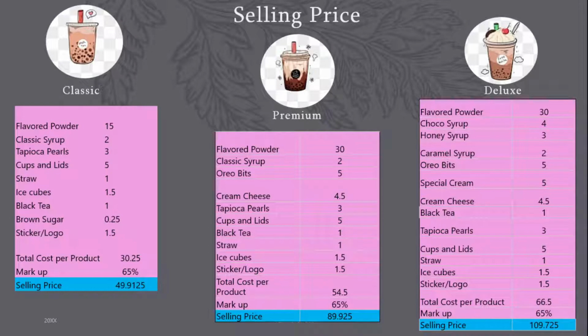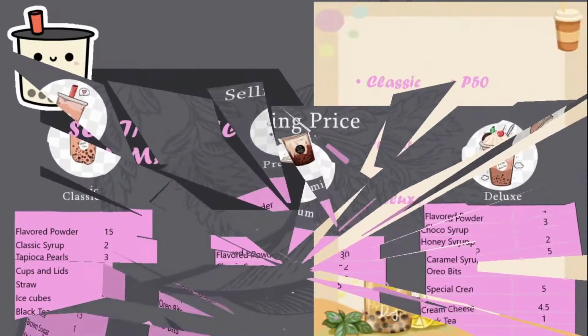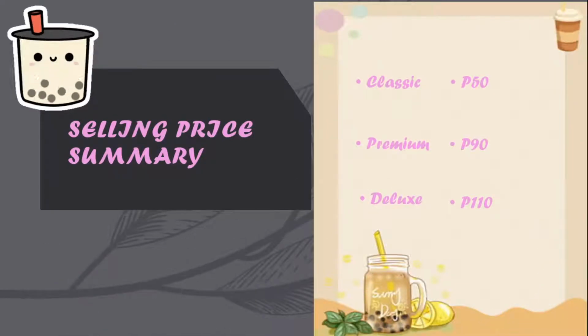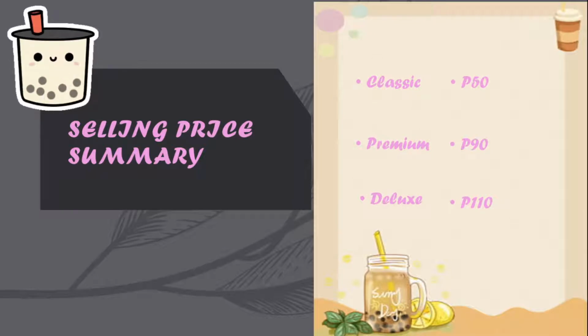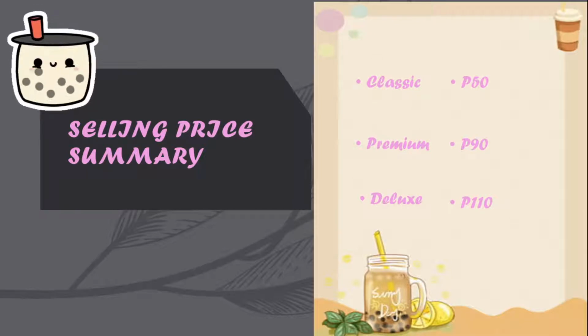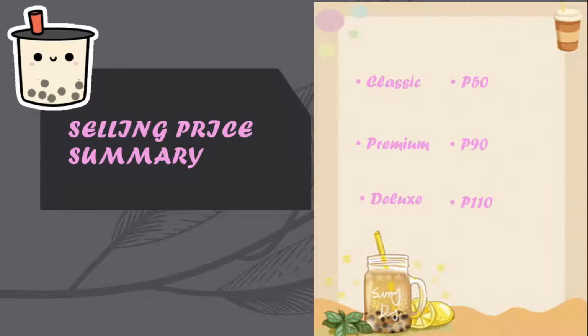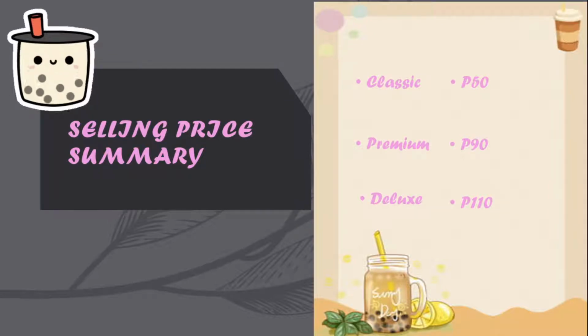So my partners and I decided to have a 65% markup in order to arrive at the selling price. We have here the selling price summary. There is a need to determine our selling price first because these prices are needed later for the break-even point analysis. So for the classic milk teas, our selling price is 50 pesos, 90 pesos for premium, and 110 pesos for deluxe.